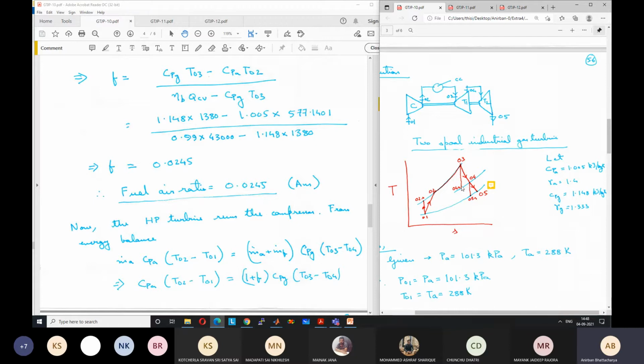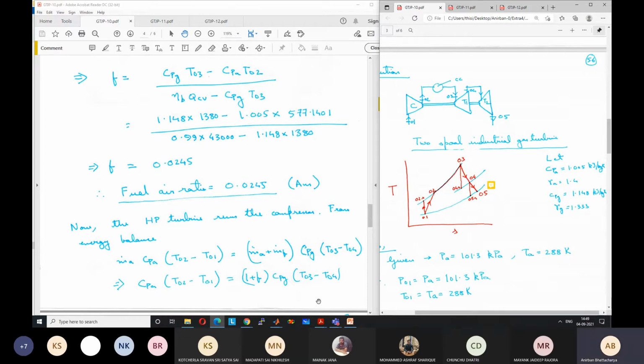And then using the efficiency of turbine, we would have found T04. But because the pressure is not known, we cannot do that. So what will we do? We have one extra piece of information, that the work output from this turbine is entirely used for running the compressor. That is the information we are going to use.